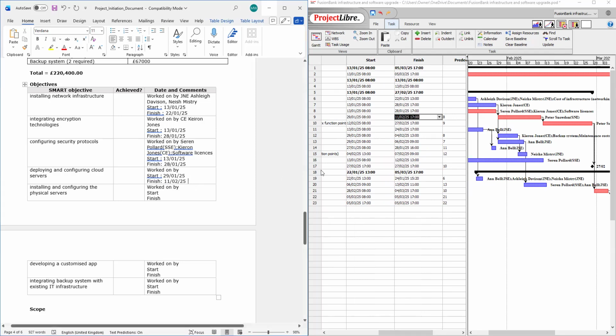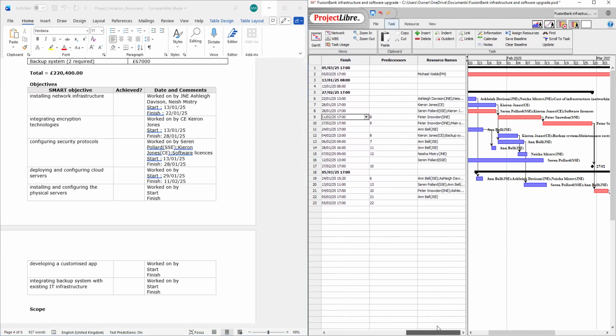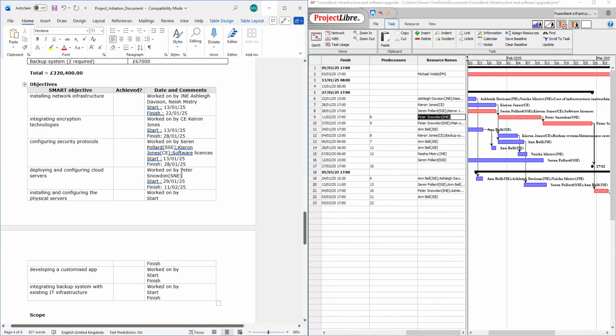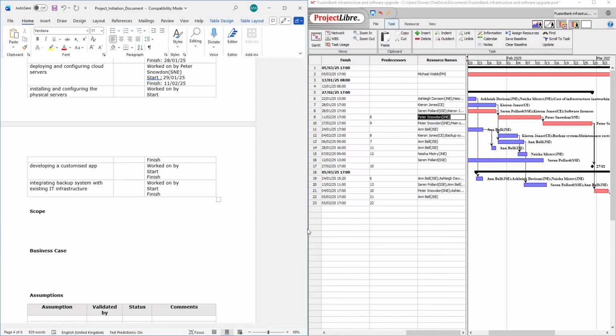We get these timeouts. And then we just go over to where our resource names are, and we just copy and paste. All right, that makes it easier.